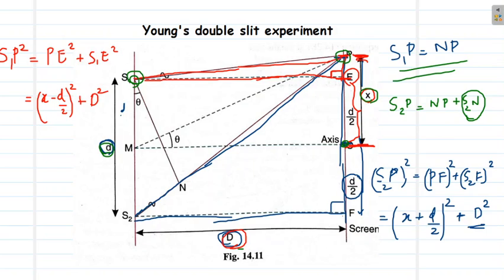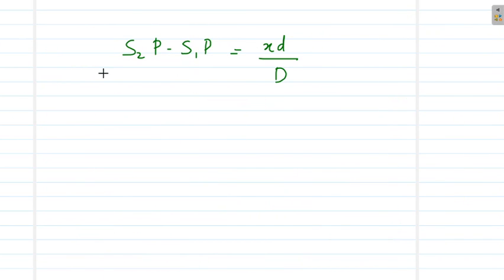Now, given this path difference delta, let us write the equation for bright fringes. We know that bright fringes happen when the path difference is an integral multiple of lambda. When the waves meet constructively, we get bright fringes.